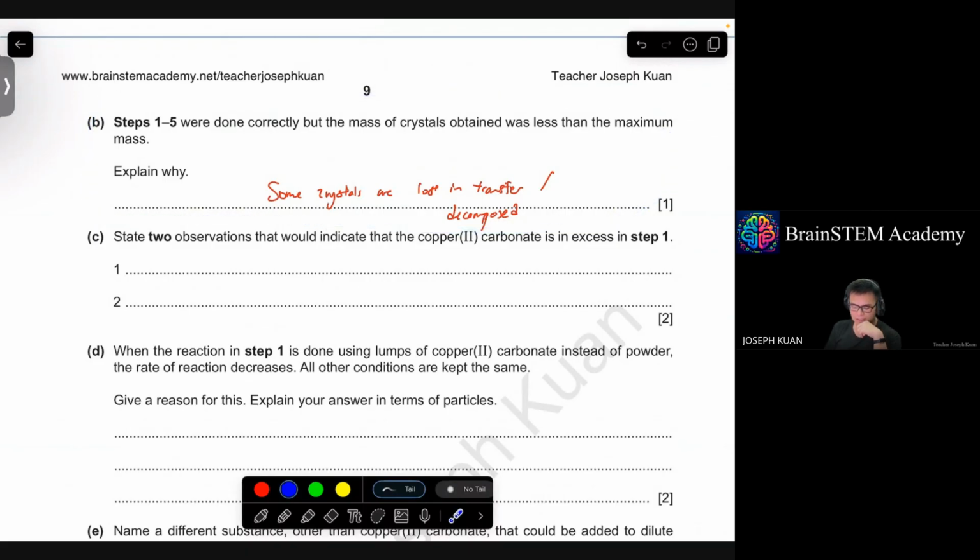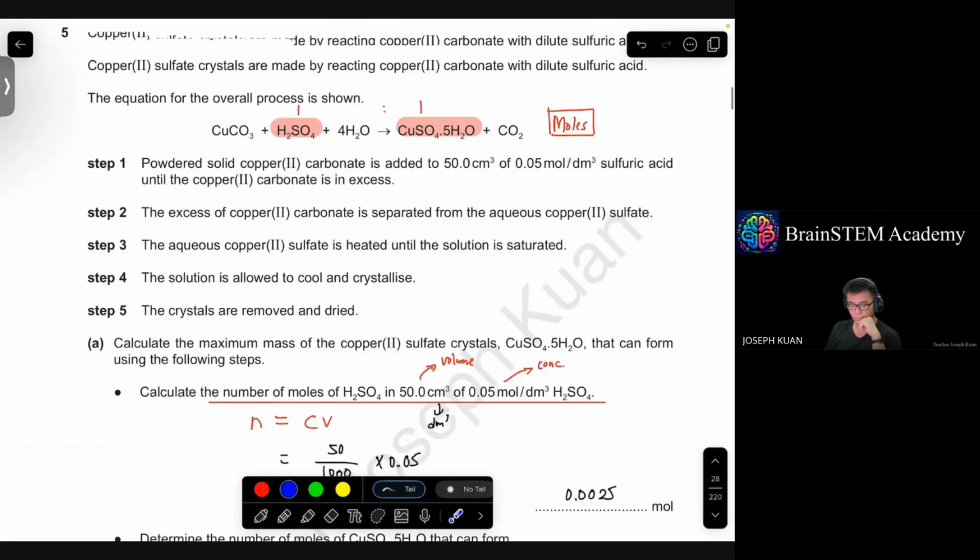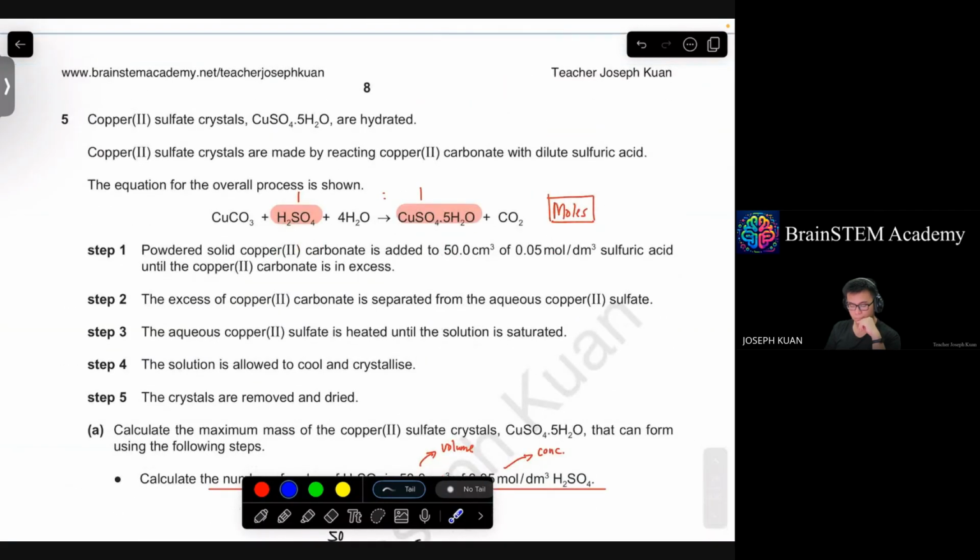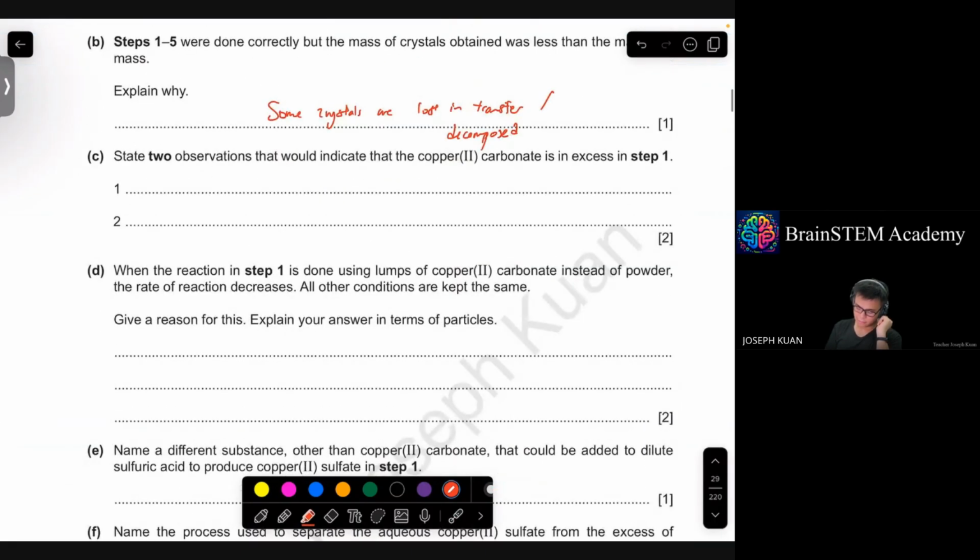Right? Moving on to C: state 2 observations that would indicate that the copper 2 carbonate is in excess in step 1. Where we're adding the solid in excess, it means that some of the solid will just not dissolve. It will definitely stop dissolving once you reach a certain threshold.